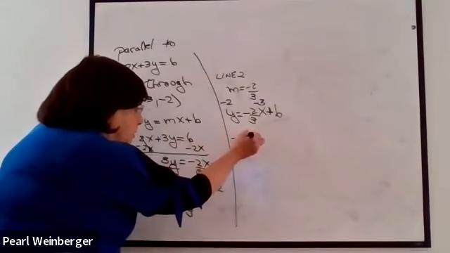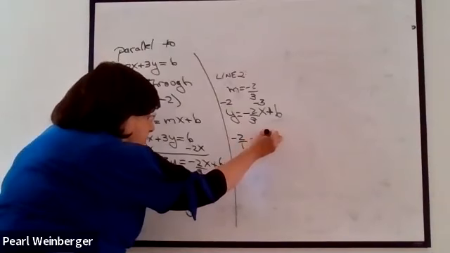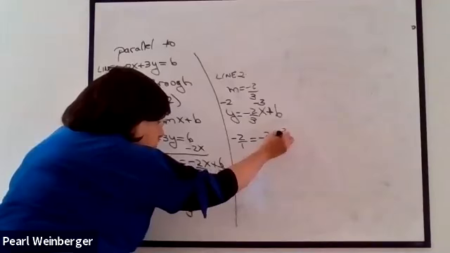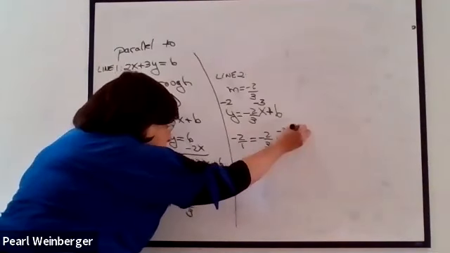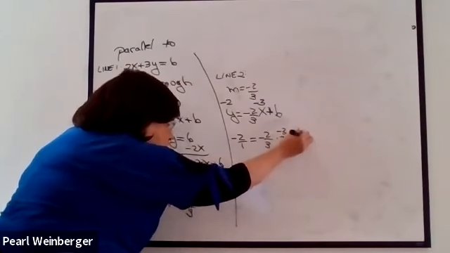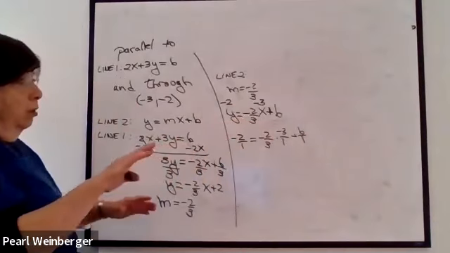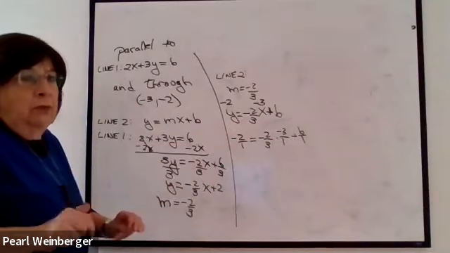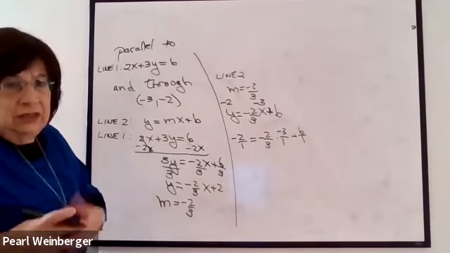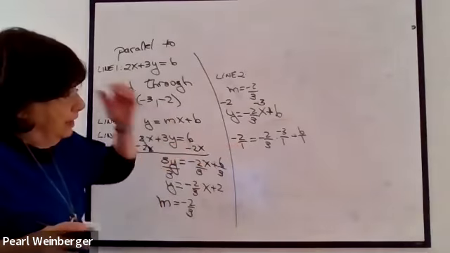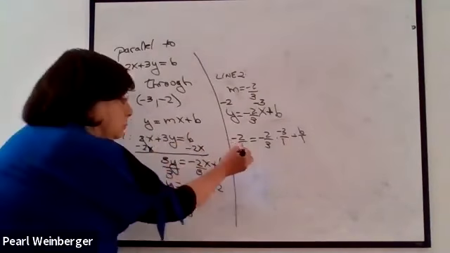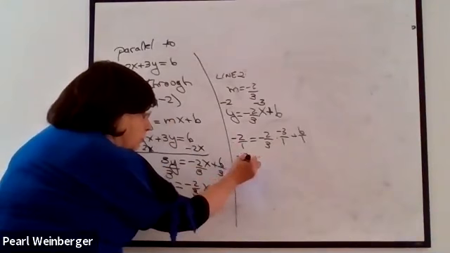I'm putting it over 1 equals -2/3 times -3 over 1 plus b over 1. If all the numbers are whole numbers, if there are no fractions, you don't have to put them over these ones. But once you have some fractions and some whole numbers, it's better just to make everything fractions. So this stays -2 over 1.